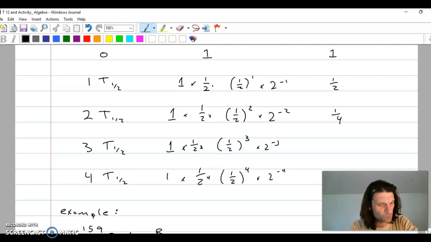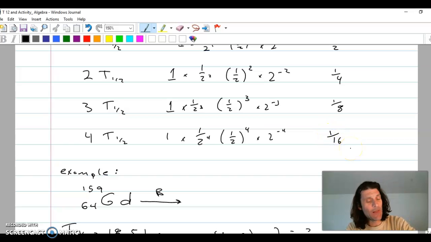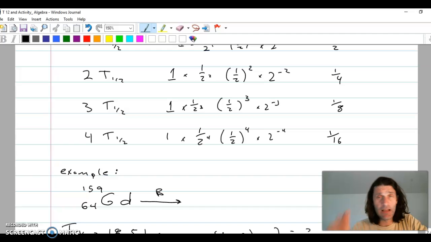All right? 3 means you do the same thing. Multiply by 1 over 2 to the third. Multiply by 1/2 to the third. 2 to the negative third. That means you have 1/8 of what you used to have from both a number and an activity standpoint. 1/4. This is obviously then 1/16. All we're doing is slicing it in half and in a half and in a half and in a half and in a half and slice it in half as many times as you have to.